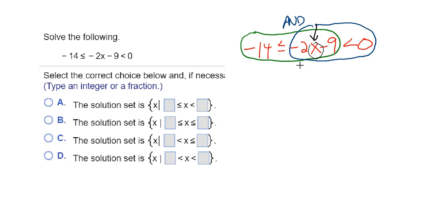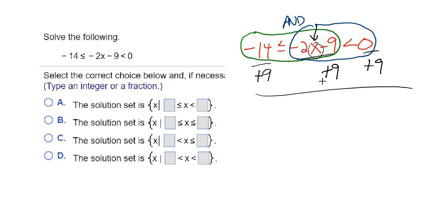And so we're going to get rid of all the stuff that's around x the same way we would do for solving an equation. So for example, to cancel out the minus 9, I'm going to add 9. The thing is, there isn't just both sides to worry about, there are three sides to worry about. There's the left-hand side, the right-hand side, and the middle. So whatever you do to the middle to get x by itself, you have to do to both outsides, the left-hand side and the right-hand side.